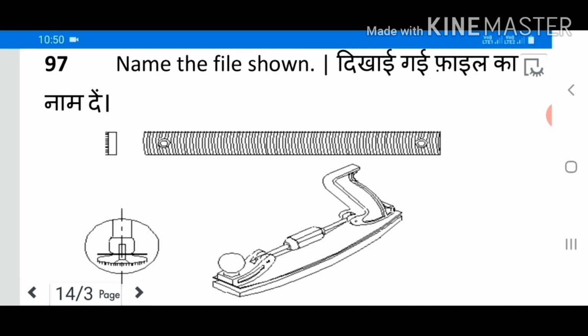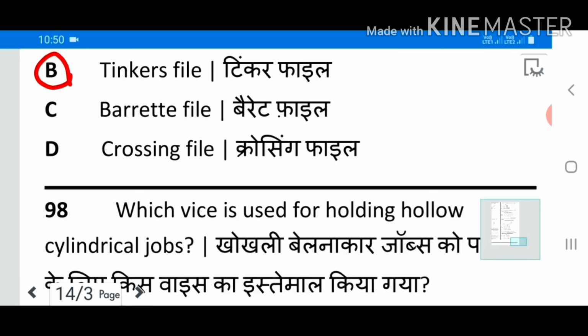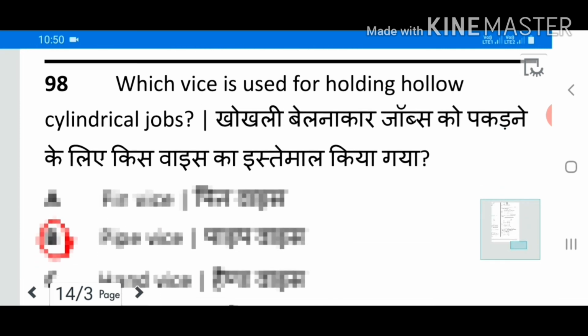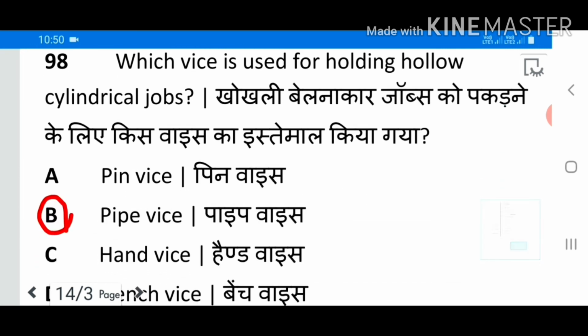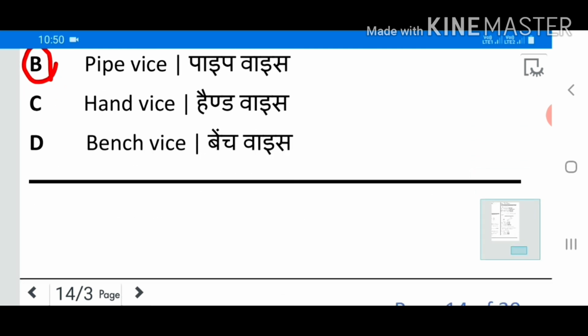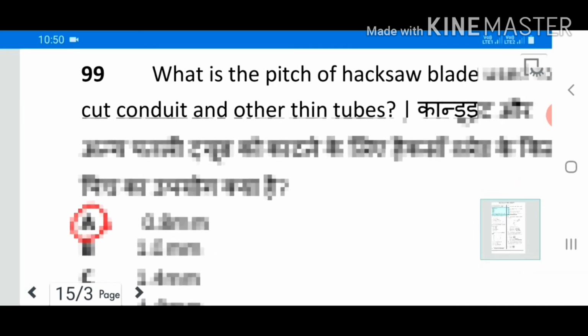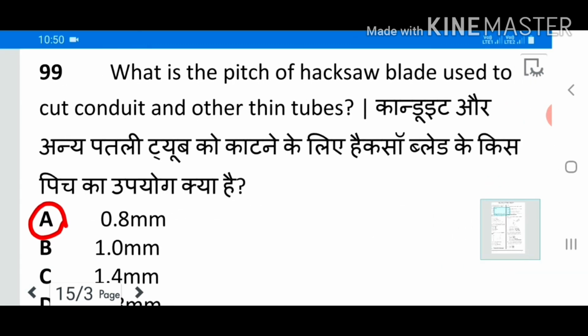97. Name the file shown. Answer B. Tinker's file. 98. Which hoist is used for holding hollow cylindrical jobs? Answer B. Pipe hoist. 99.